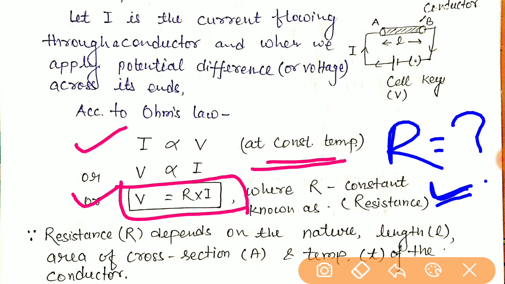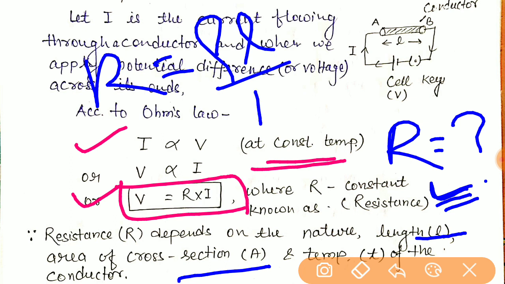This resistance depends on the nature of the material, the length of the conductor, the area of cross section of the conductor, and also the temperature of the conductor. So in this way we can say R is rho L upon A.